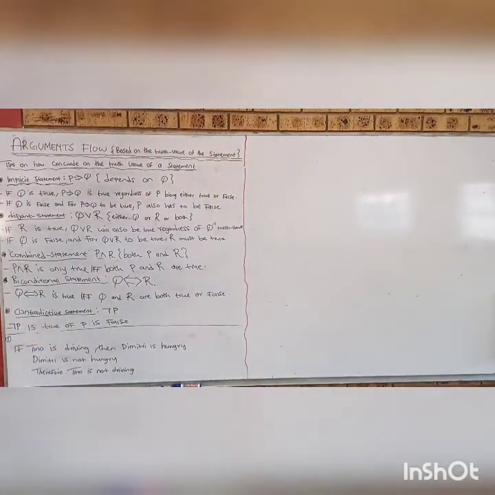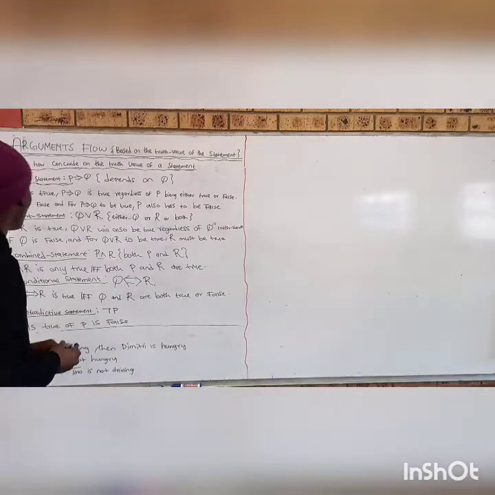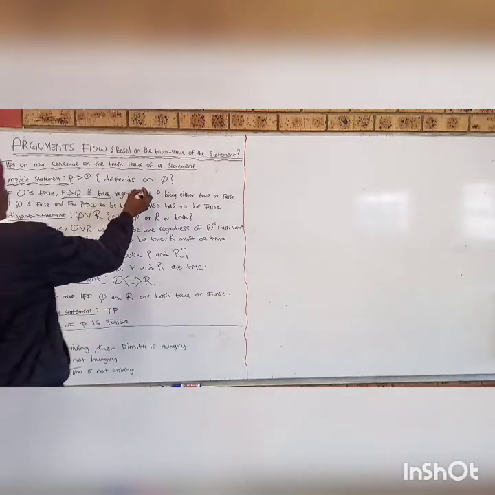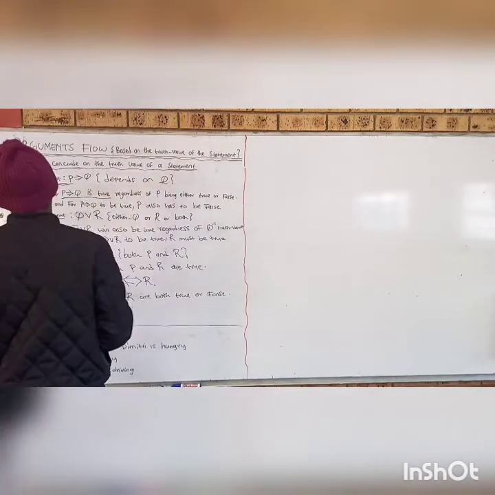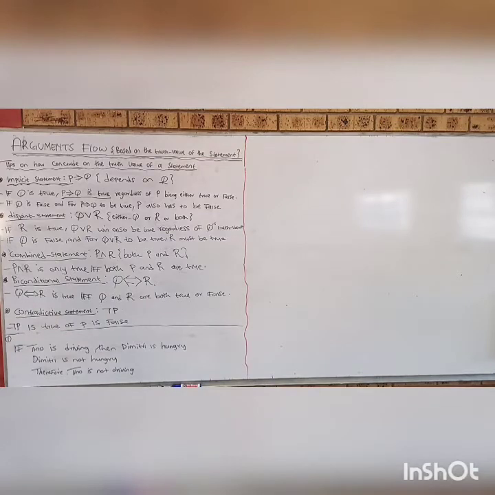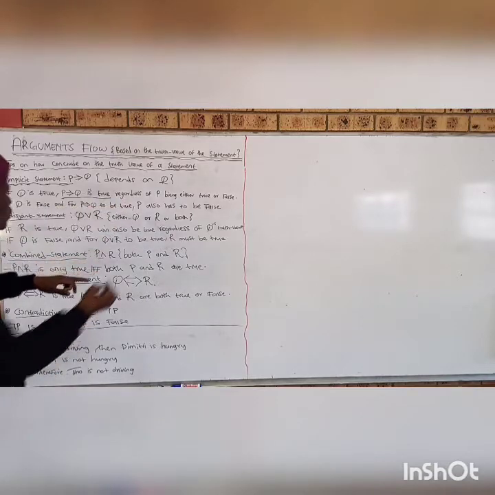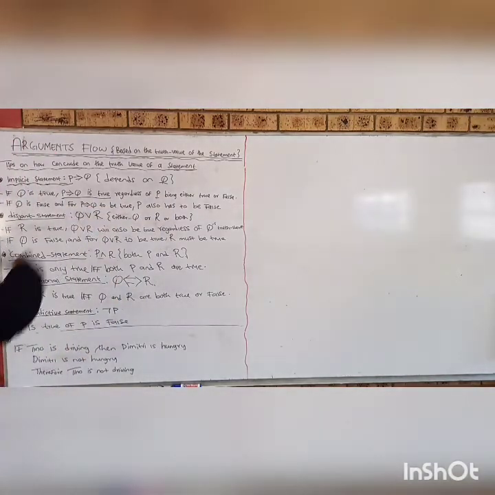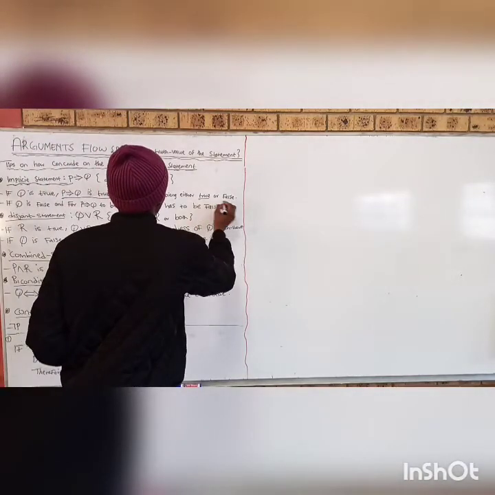So take an implicit statement P imply Q. For P imply Q to be true, it depends on the truth value of Q. If Q is true, P imply Q will be true regardless of the truth value of P. So P can either be true or false.